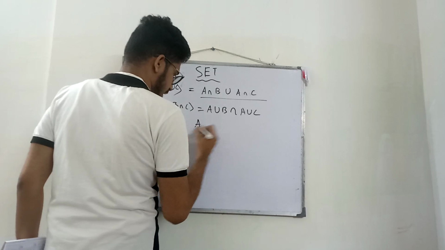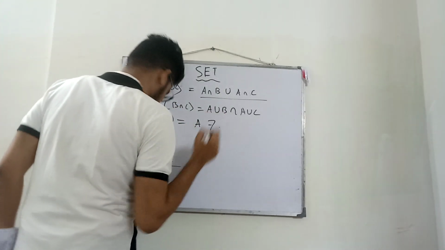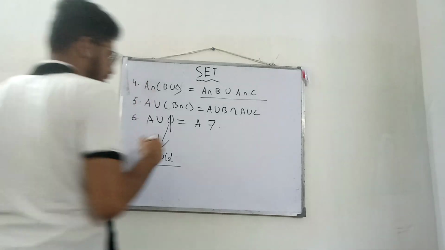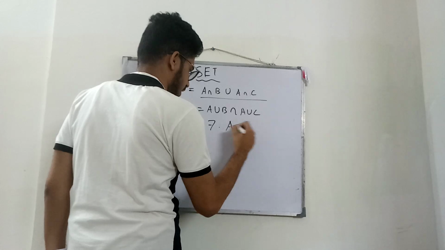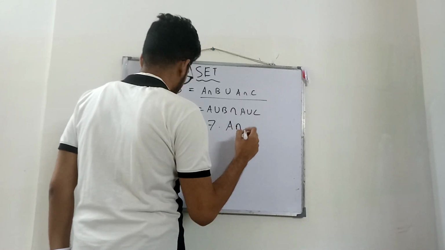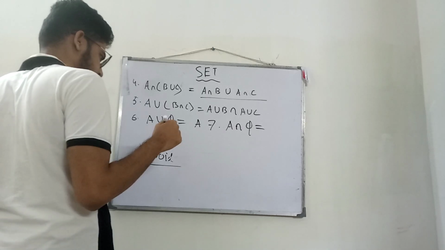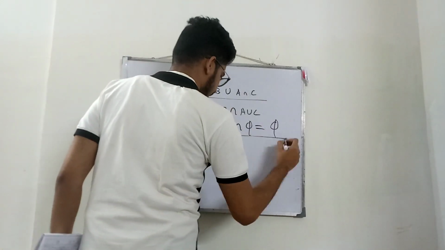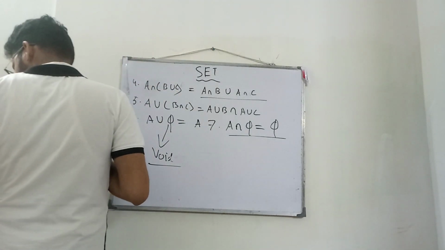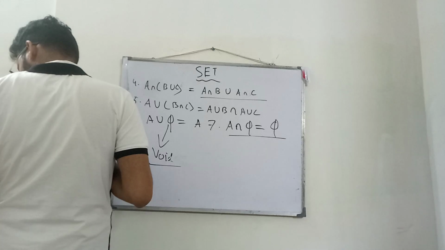We can write it as A. And A intersect phi can be written as phi. Done.